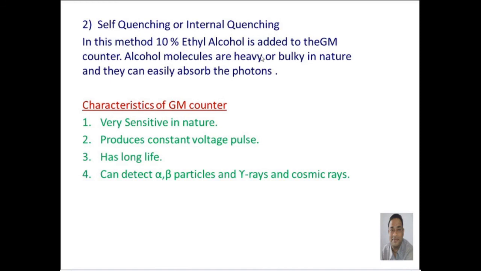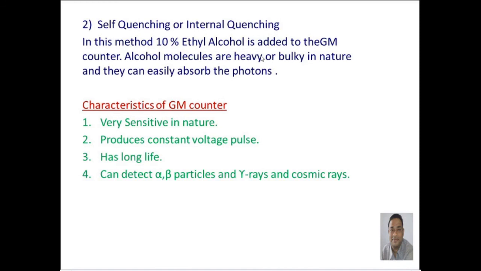That is the reason why a GM counter consists of 90% argon gas and 10% ethyl alcohol, maybe in gaseous form. So now let's see what are the important characteristics of the GM counter.